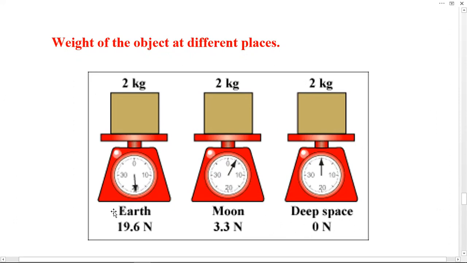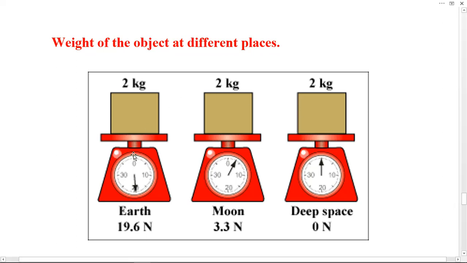On Earth its weight is 19.6 Newton. The same 2 kg object, if you take it to the moon, will give you 3.3 Newton. And if you take this object far away into deep space, at that time the weight becomes 0. Why?